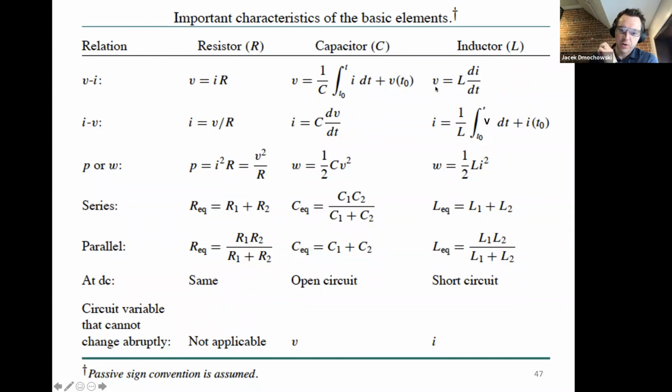So the voltage across an inductor is a transient phenomenon. If you want to sustain the voltage, you have to sustain the change. So for example, if I is a sinusoid, then V will be a cosine. If I is a step function, then, well, I'll let you think about. If I is a step function, then V will be a very transient voltage, right? It will only be present during that step, during the transition.